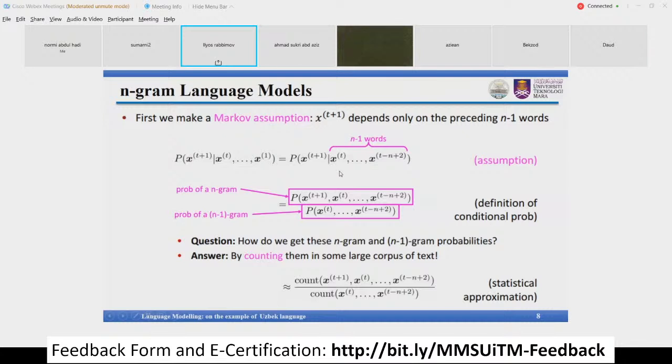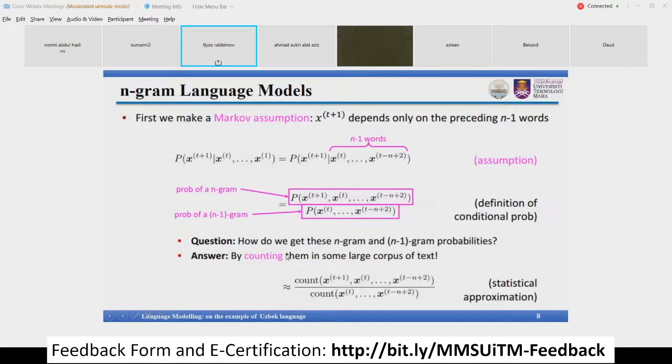There are n minus 1 words, and this is the assumption; xt+1 will be predicted. The probability of an n-gram is computed using this formula, and the probability of an n minus 1 gram is computed using this formula.